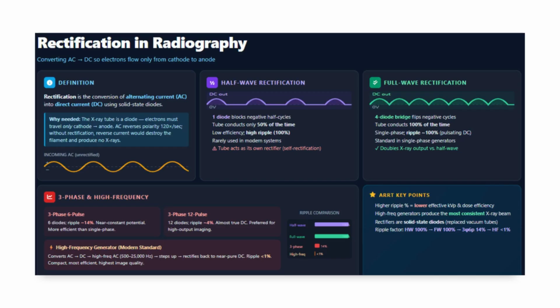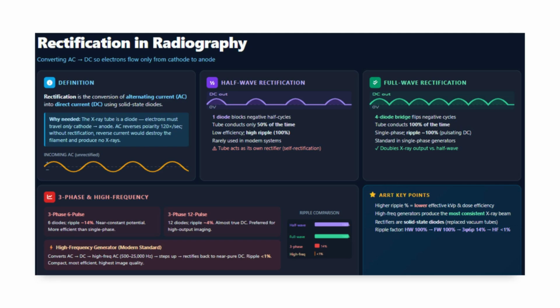Not all rectification systems produce the same voltage waveform. As we move from half-wave to full-wave, three-phase, and high-frequency generators, the electrical output becomes progressively more efficient and consistent. The key concept here is voltage ripple. Voltage ripple describes how much the voltage fluctuates during an exposure. A high voltage ripple means greater variation in the voltage applied across the X-ray tube.